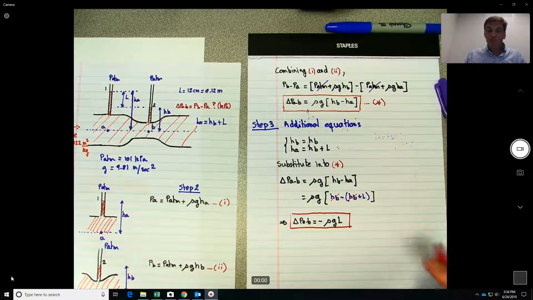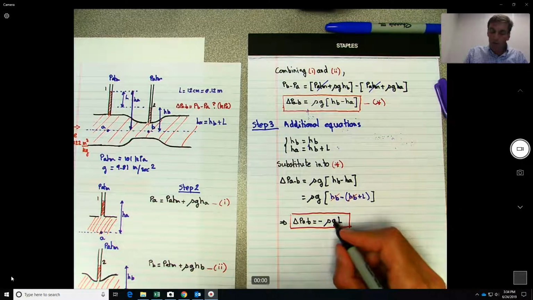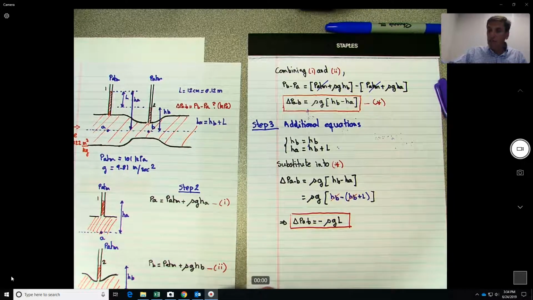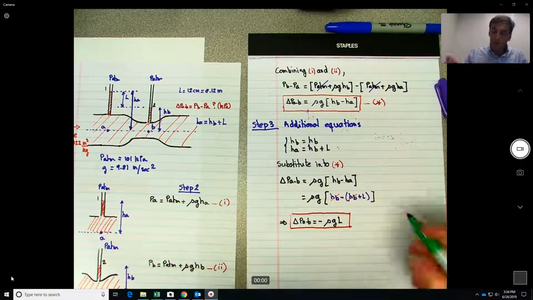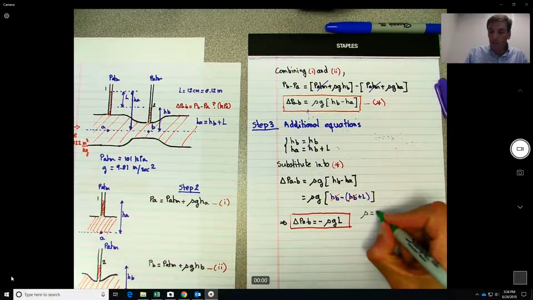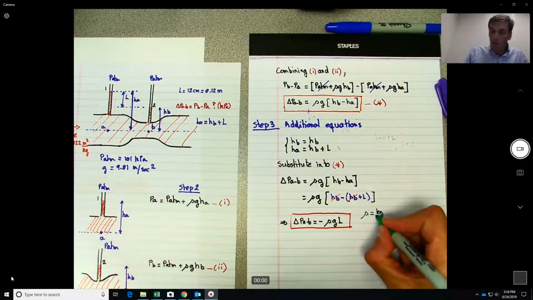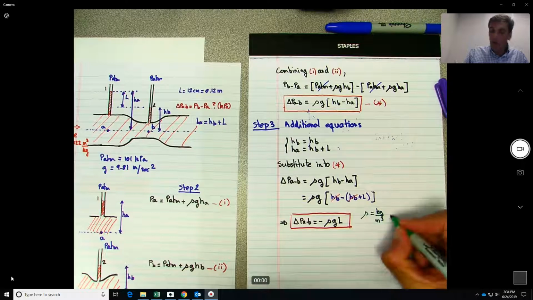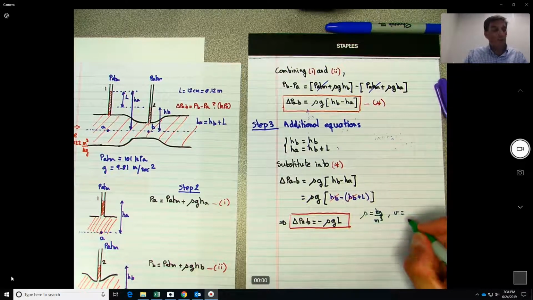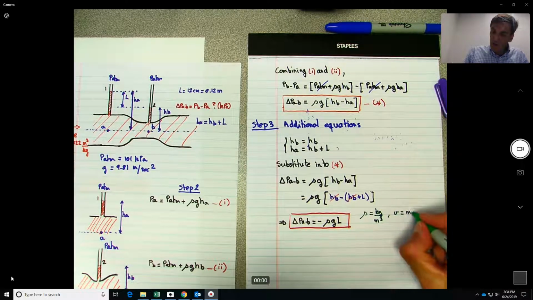Okay, so now we have everything. We know, oh, not yet. So let's look at rho. What are the units of density? Kilograms per meter cubed. What are the units of the specific volume? Cubic meters per kilogram.